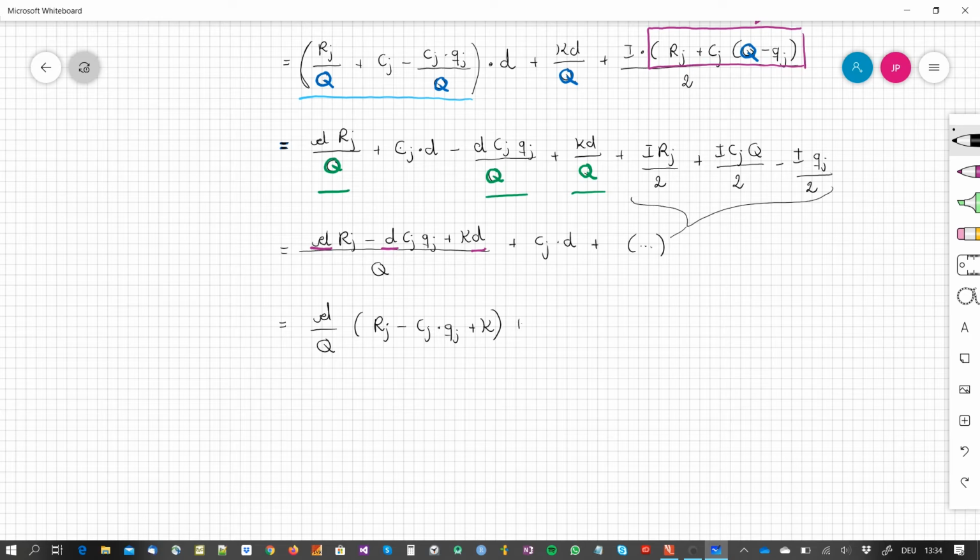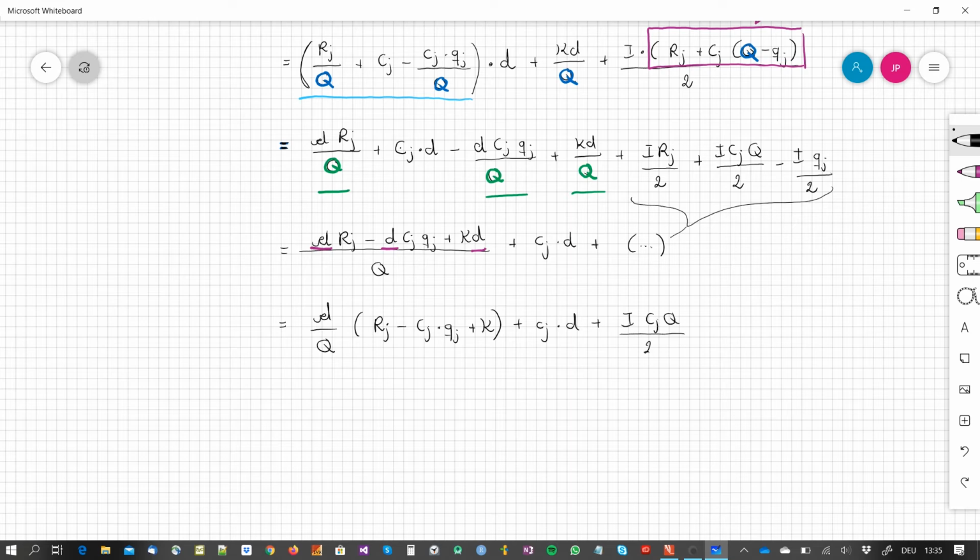That looks a little more friendly, and the rest stays as it is. Actually, I want to also now care for these three terms.